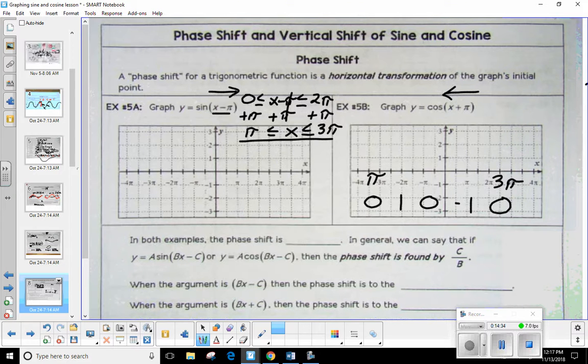Now, from pi to 3 pi, I want to divide that up into 4 equal spaces, because these graphs are always symmetrical, right? Well, first let's get that distance. How far is it from pi to 3 pi? It's 2 pi, right? And if you're ever not sure, just go ahead and subtract them. That'll give me 2 pi.